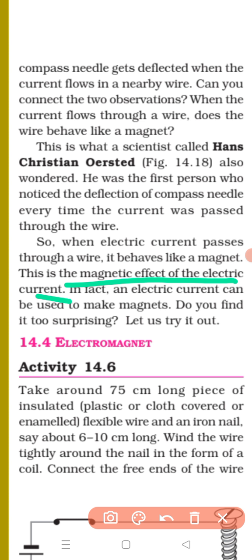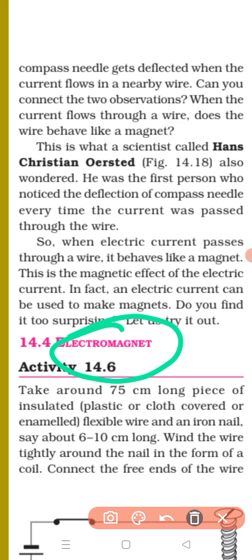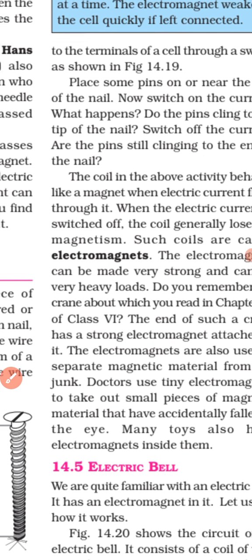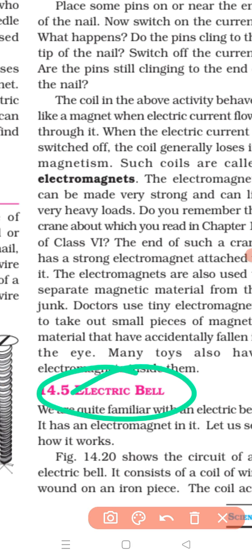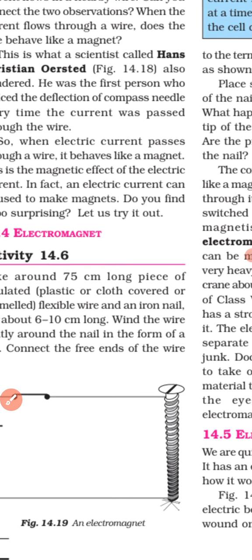This magnetic effect of electric current is used to make a large number of devices in our daily life, like electric bells, electromagnets, electric fans, electric motors, loudspeakers, toys, and so on. Electromagnet is in our syllabus, and we'll study it the next day. These are the devices which work on the principle of the magnetic effect of electric current.